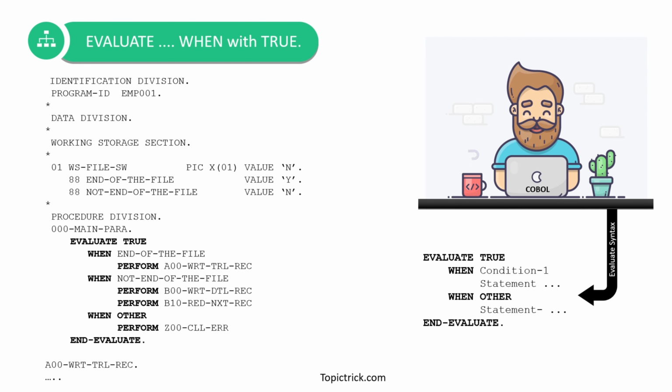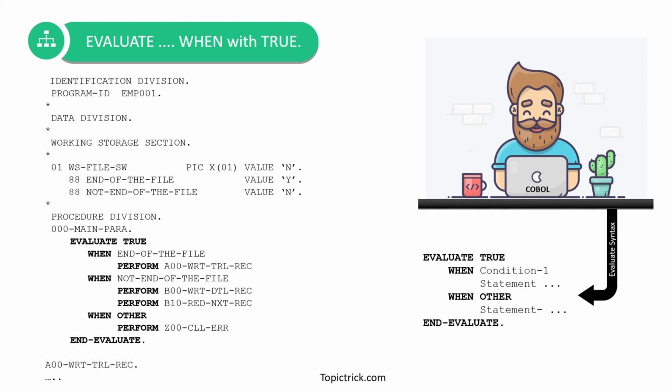And in case it is not the end of the file and there are a few more records, you just go ahead and write the record which is already there in the buffer. It says B00-write-detail-record, and subsequently after writing the record you go back and read the next record. In case both conditions are not satisfied, it goes to the other section, which means it calls the error routine.